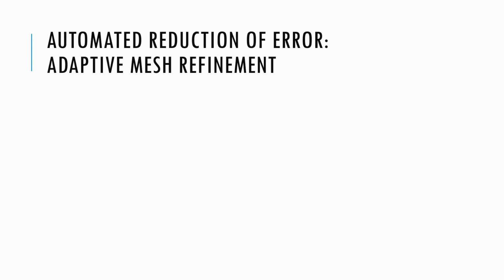Of course, we want to reduce error, but it would also be nice if it can be done automatically, if we can automate the reduction of error. That's exactly what we're going to talk about. It's automated reduction of spatial discretization error, and this is also called adaptive mesh refinement.